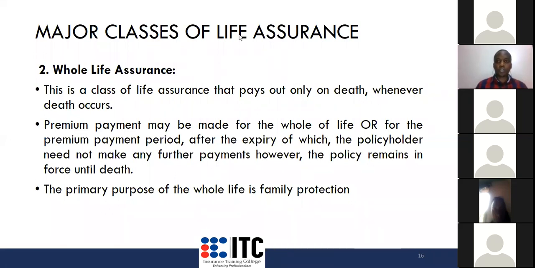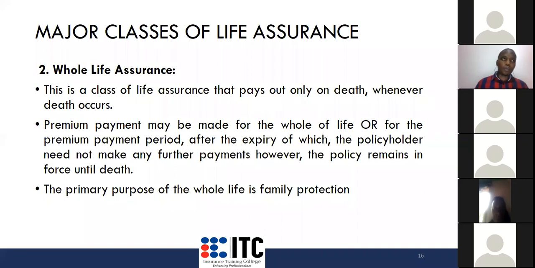Yeah, so it's not like a term assurance where the term assurance has those challenges that you do not expect to be paid. For the whole life, the payment is definite because everyone is going to die at one point. So there's that assurance made.